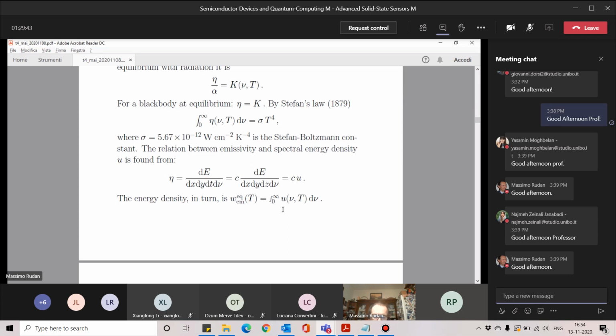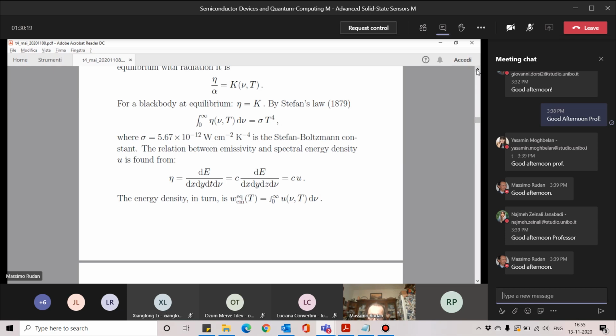So now let's tackle the two blocks separately. We start by calculating the number of electromagnetic modes per unit frequency. One of the issues that can be demonstrated by thermodynamics is that the spectral energy density of the cavity does not depend on the form of the cavity.